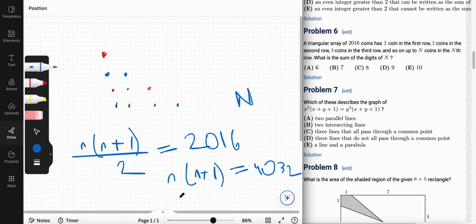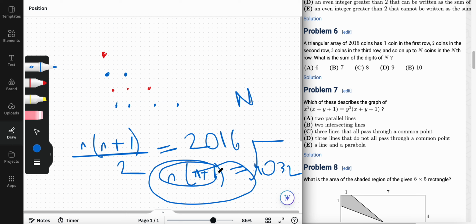Okay, this is basically n squared, because the plus 1 barely matters. So I can find the square root of this whole thing, and then just find values like plus 1 or minus 1 from that, because this is really close to n squared.